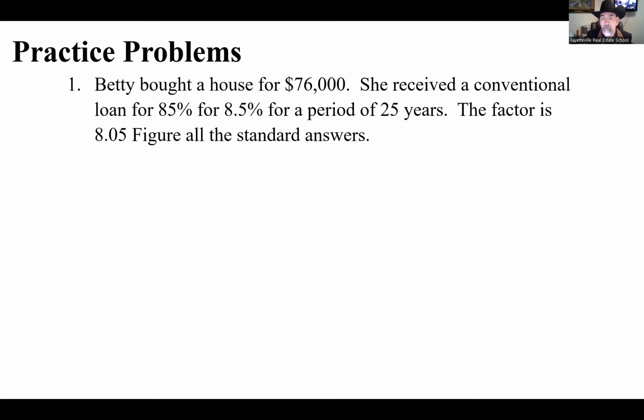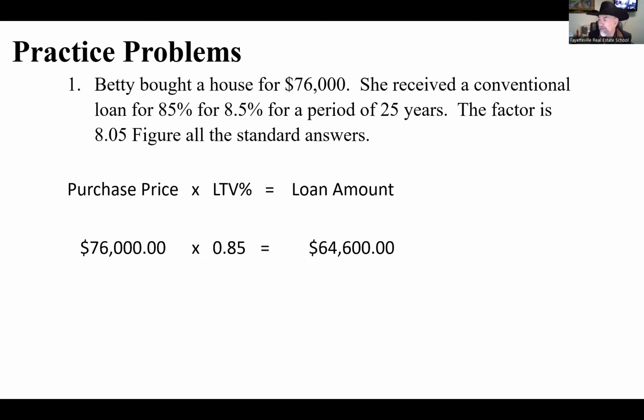So the first thing we have to do again is compute the loan amount. They bought the house for $76,000. She's receiving an 85% loan to value. So we multiply that out and it gives us a loan amount of $64,600. Once we have our loan amount, now we're going to compute the P&I payment.